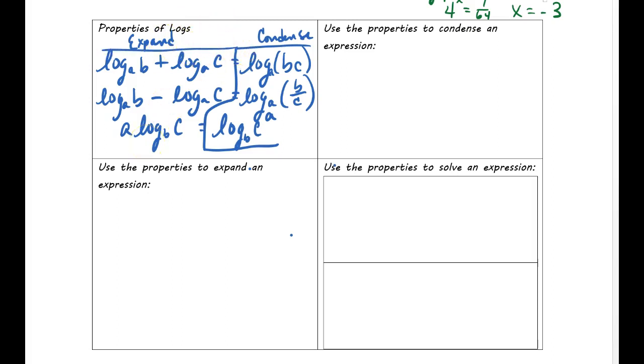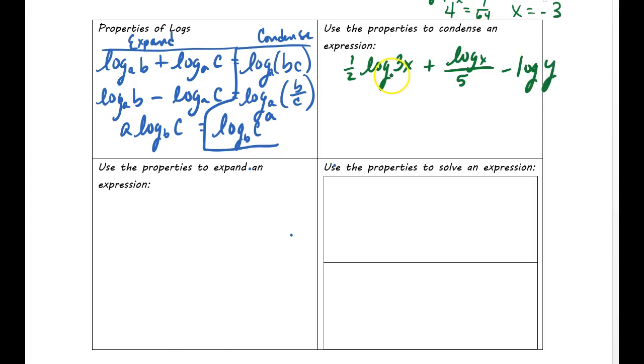Okay, so for this next one, if I give you one and it says, use the properties to condense the following, you may see something like this. 1/2 log of 3x plus log of x over 5, and then maybe minus log of y.